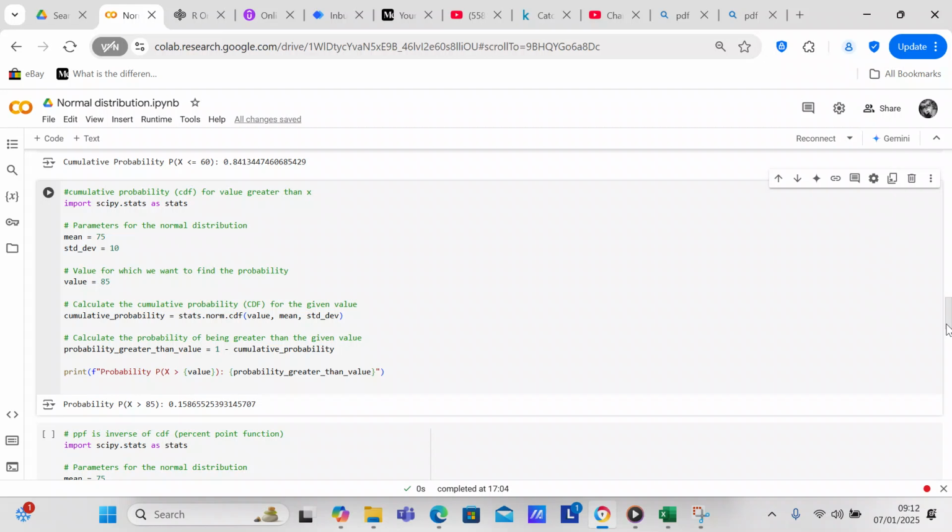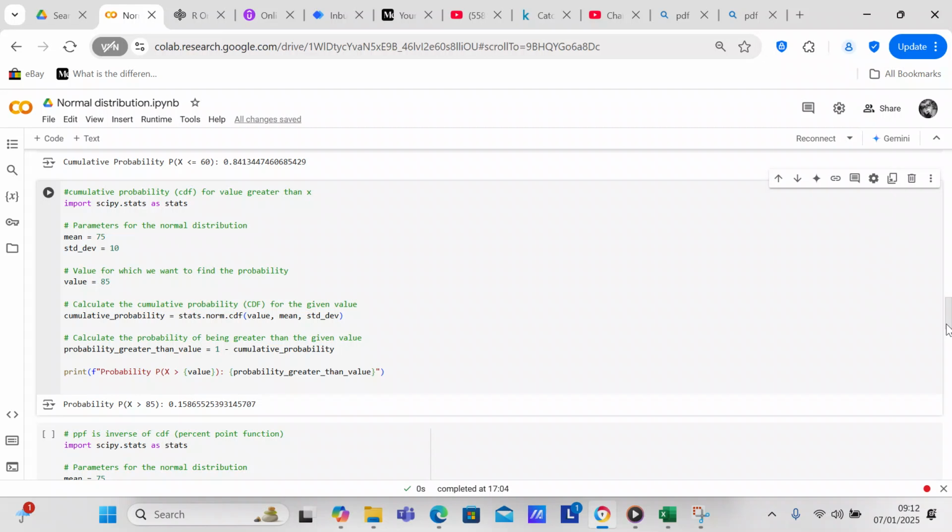So if you're checking for a value of x that is less than or equal to a certain value, then you just use stats.norm.cdf.